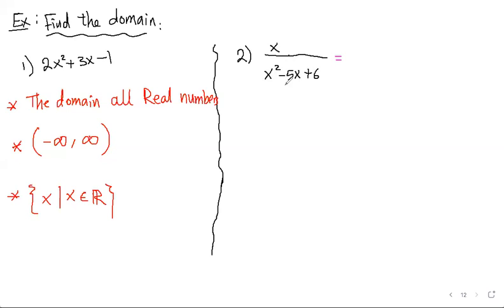If I factor it, it will be easy to know what the zeros of the denominator are. Then I will remove them from the domain. So what is the factoring for the denominator?